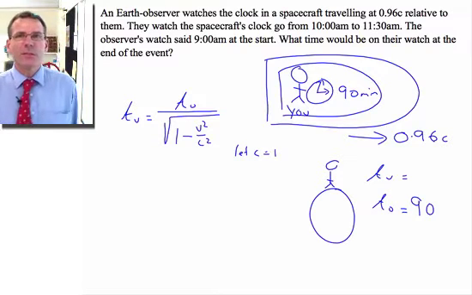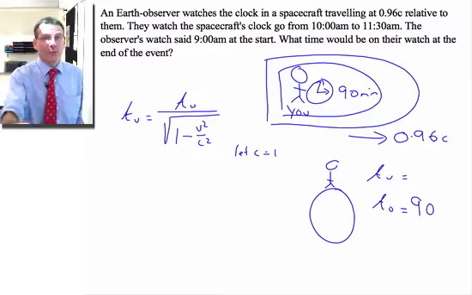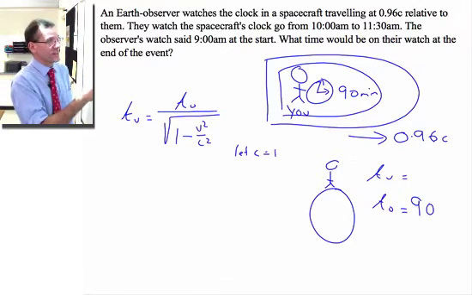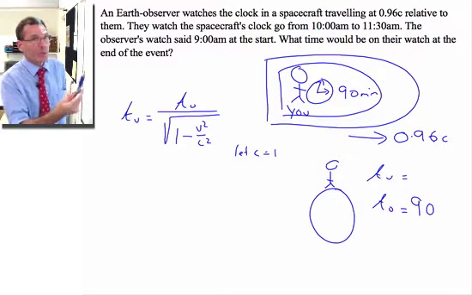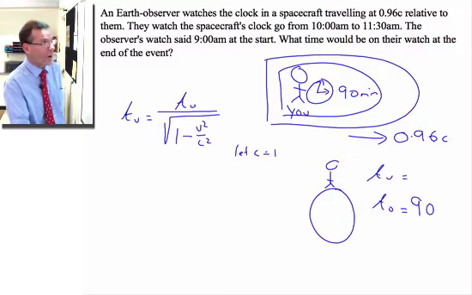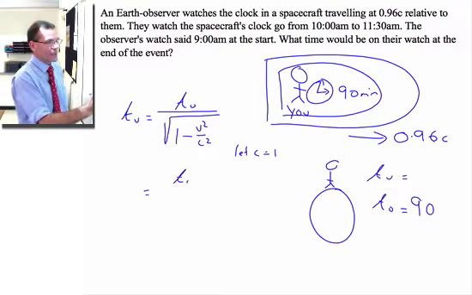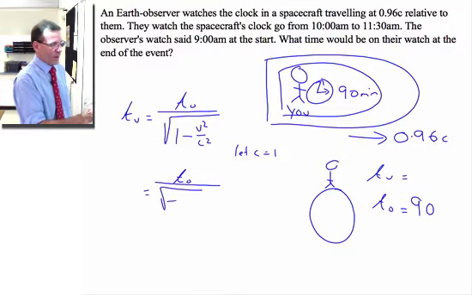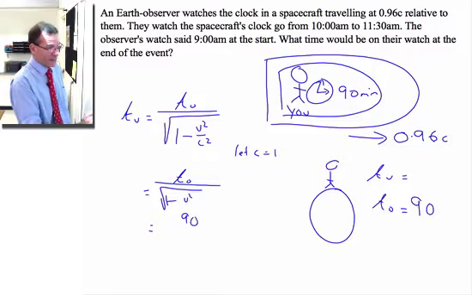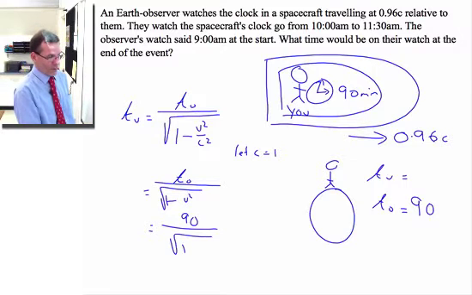Now, because we're going to do things in terms of the units of the speed of light, one lot of the speed of light is just 1, which simplifies this a whole lot because c squared just becomes 1 squared, which is 1. So we're just trying to calculate this. It's simply going to be T0 on the square root of 1 minus v squared, which is equal to 90 on the square root of 1 minus 0.96 squared.